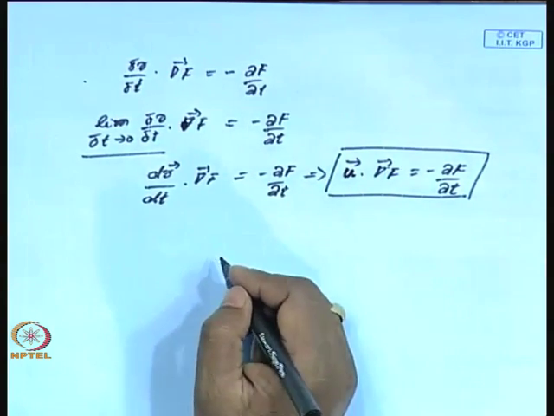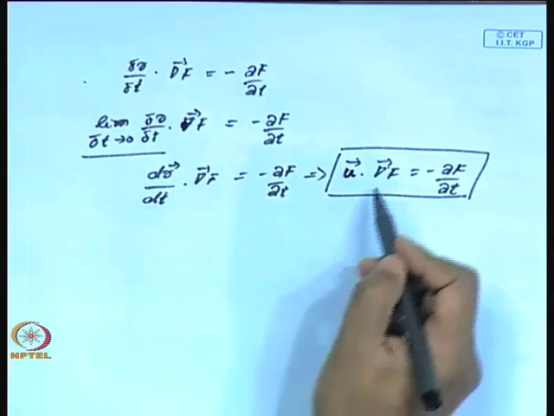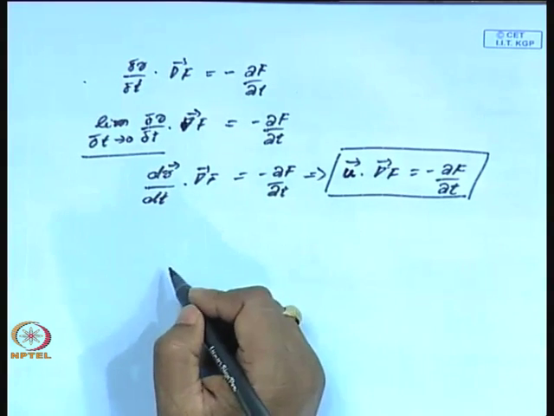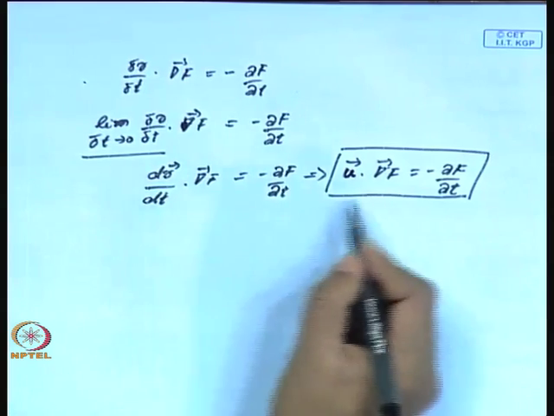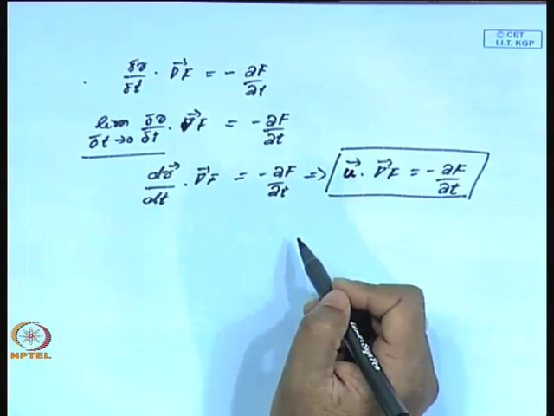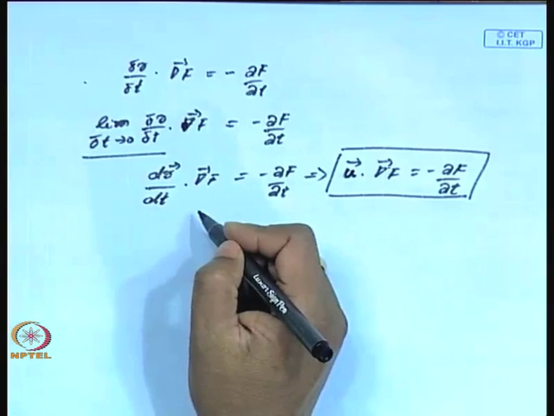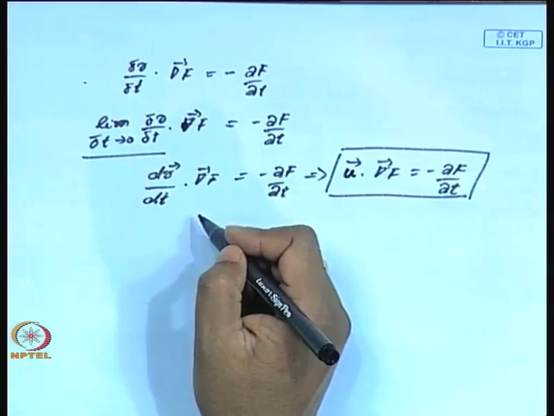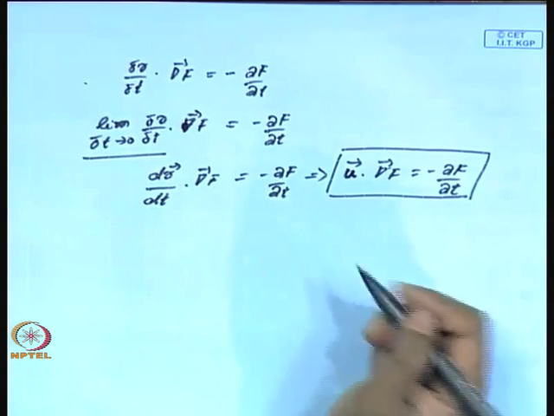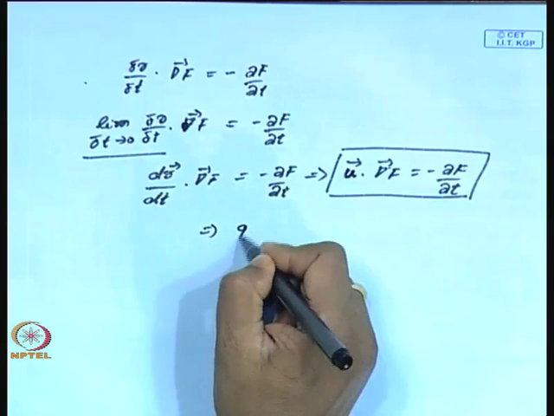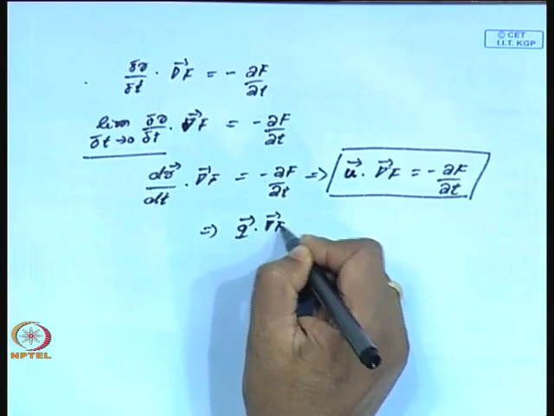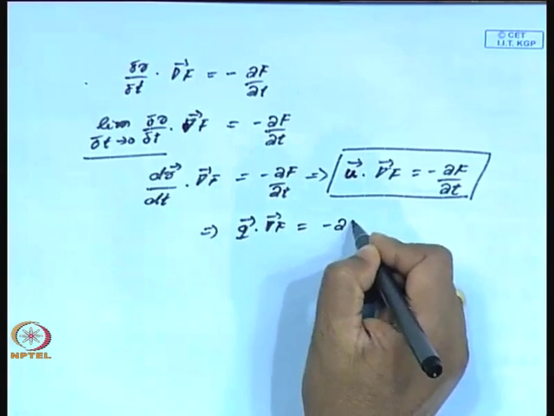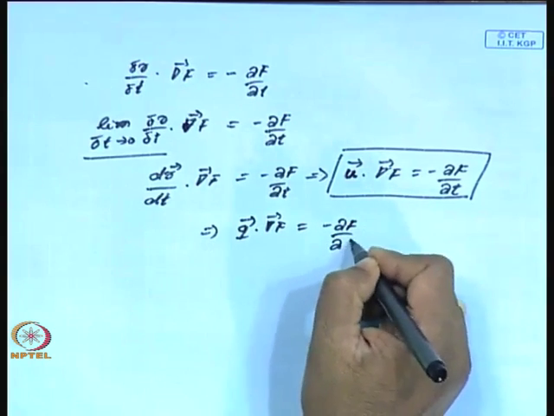Now, this is a very important result. We have already seen that u bar dot grad f can be written as q bar dot grad f. So, it implies q bar dot grad f is equal to minus del f by del t.